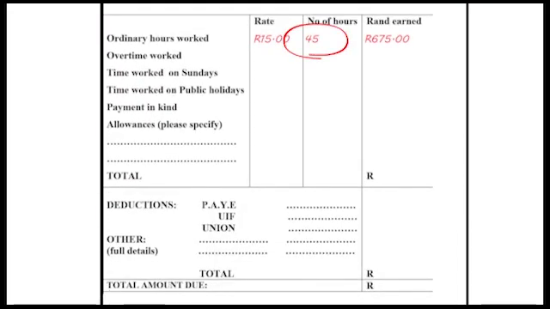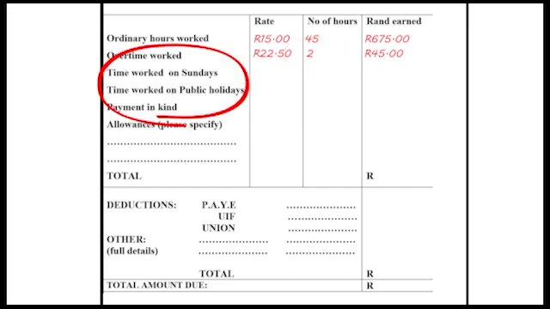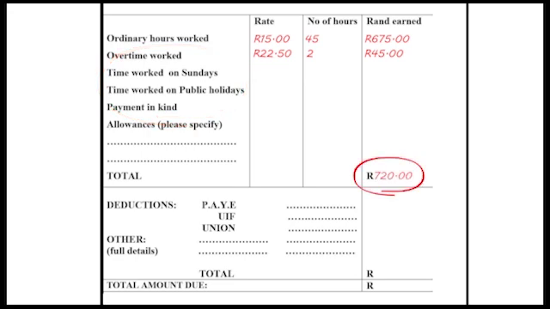The number of ordinary hours you worked during the pay period. The number of overtime hours you worked during the pay period. The number of hours you worked on a paid holiday or on a Sunday. Your wage, the amount of money you must get for the pay period.